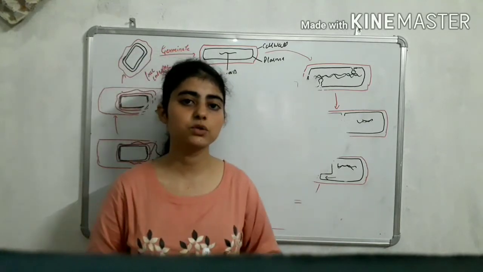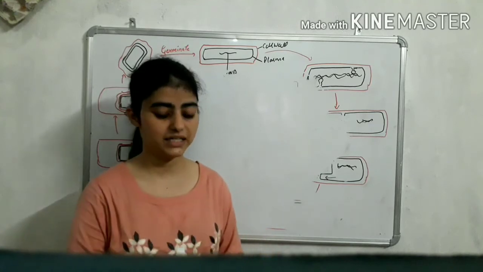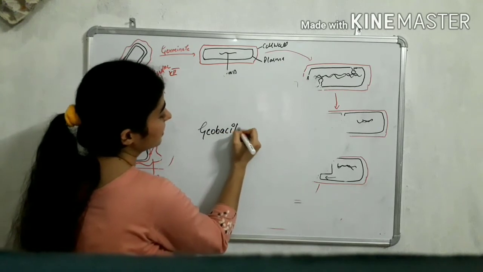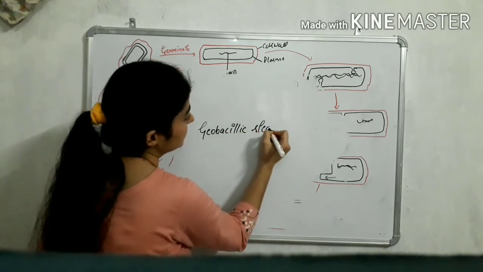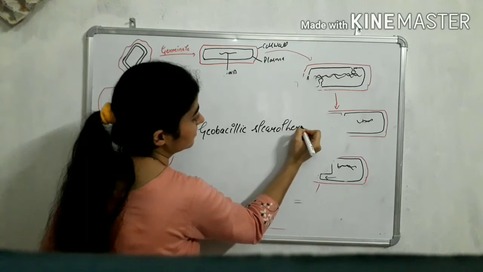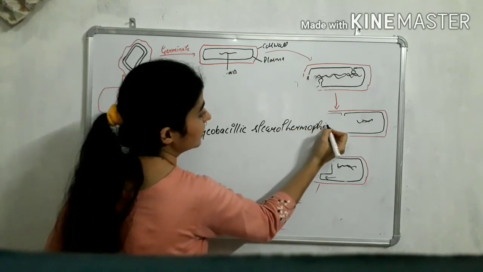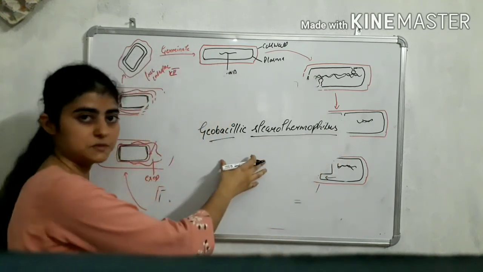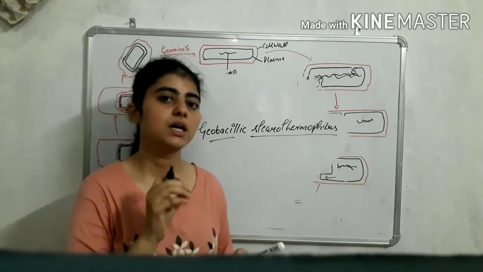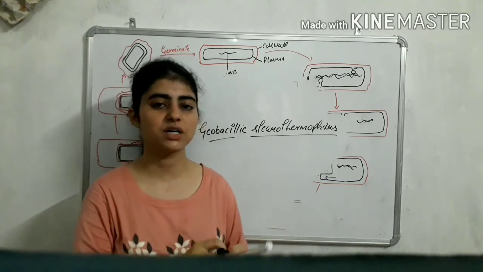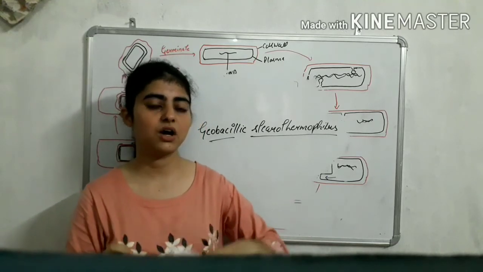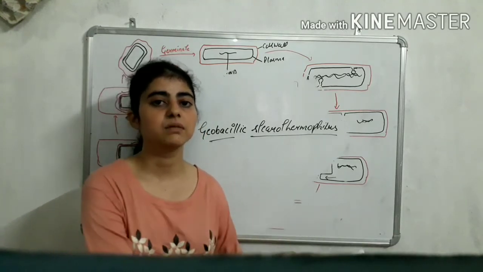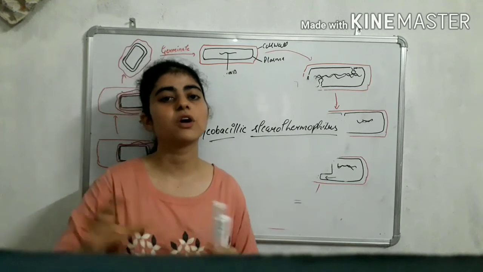We take some spores of bacteria like Geobacillus stearothermophilus, put them into some petri dish, for example, and then place that petri dish into the autoclave. After the timing we take it out and put it for an incubation period.